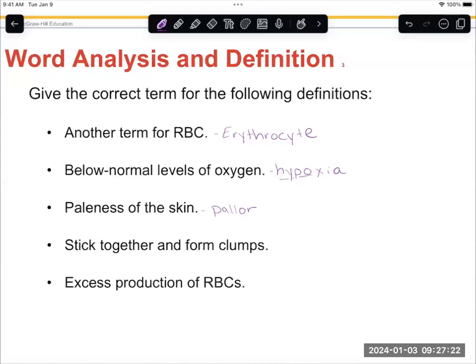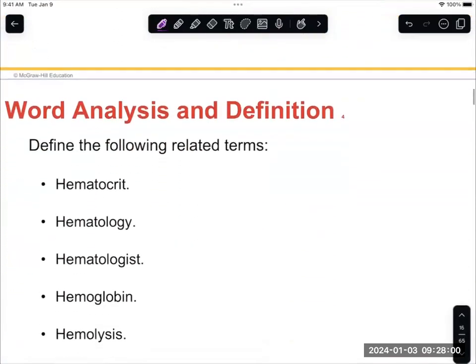Agglutinate means to stick together and form clumps. Excess production of red blood cells: polycythemia. Poly means many, and cythemia, they're producing way too many red blood cells.